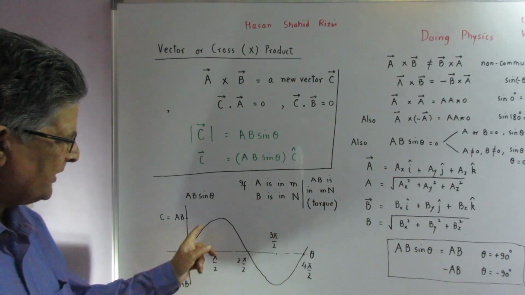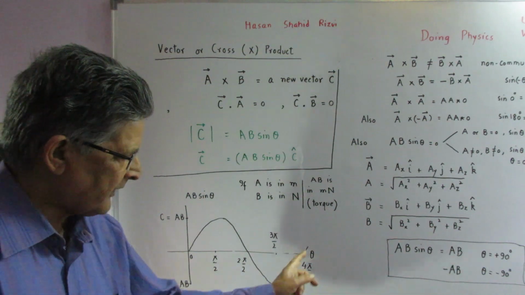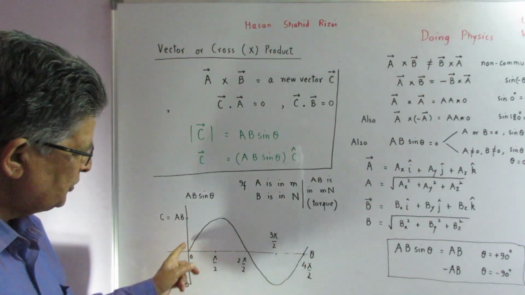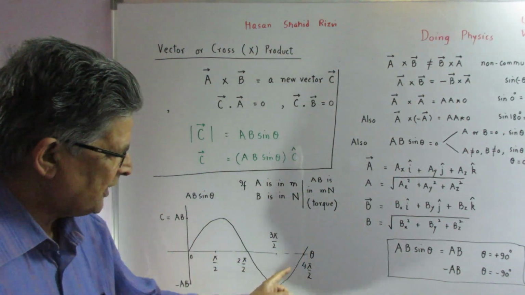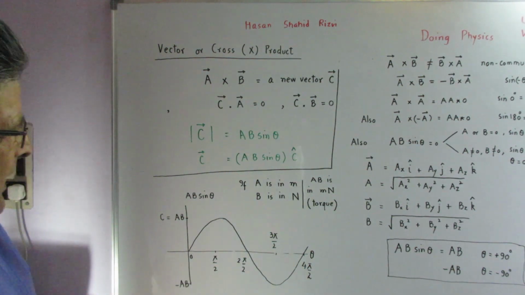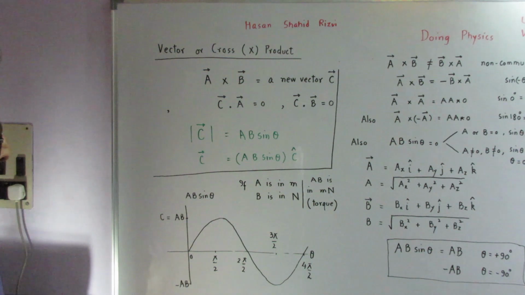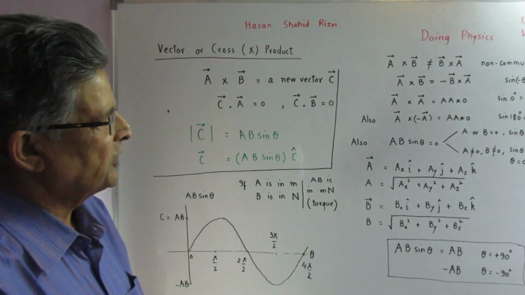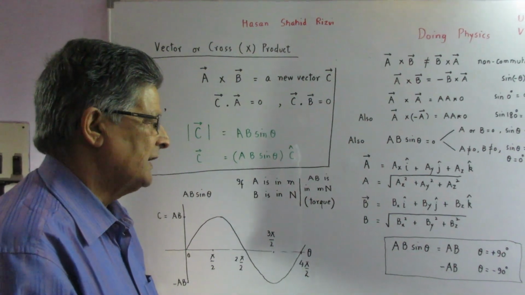So, the graph that we get for the magnitude of the product vector turns out to be something like this. Now, allow me to explain what A cross B is.